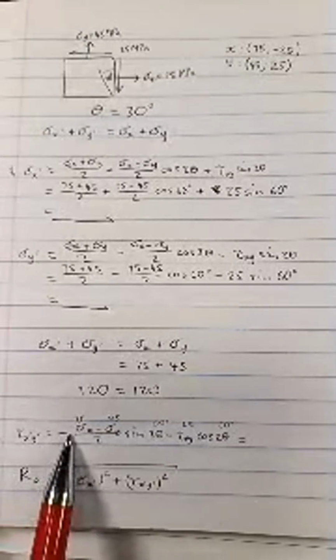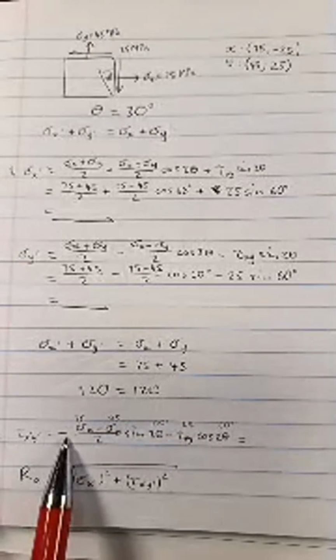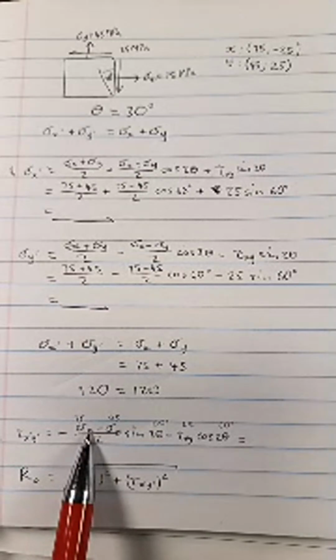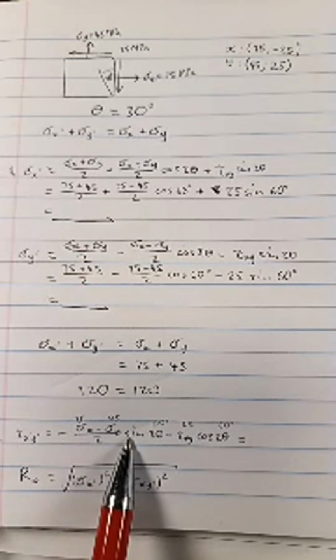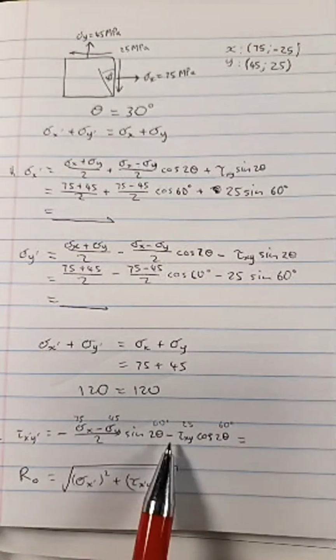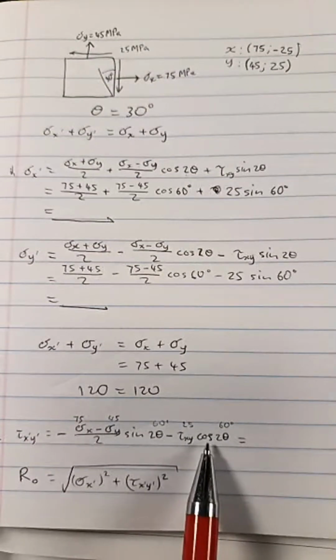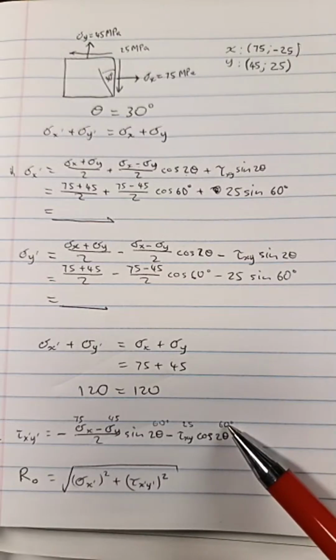As you can see, it starts with a negative, so note that it starts with a negative, then stress x minus stress y over 2 times sine 2 theta minus shear stress xy times cos 2 theta. So I said 2 theta is equal to 60.